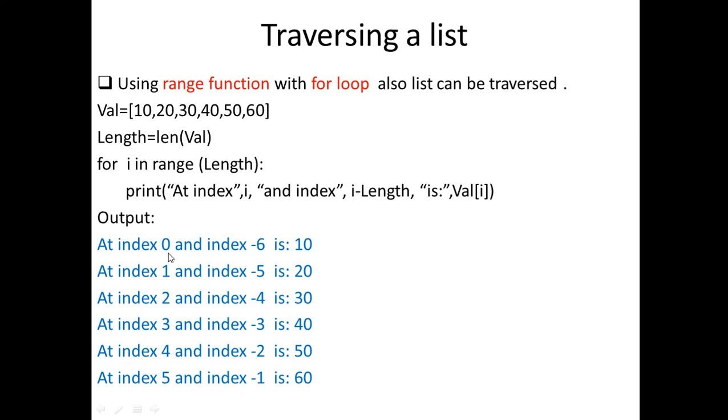Each time the value of I gets updated. It starts with 0, then 1, then 2, 3, 4, 5. At the same time, I minus length also gets updated, because 0 minus 6 is minus 6, 0 minus 5 is minus 5, 0 minus 4 is minus 4, and so on.